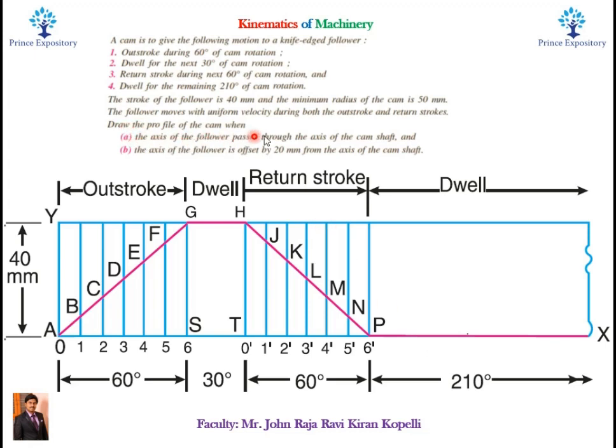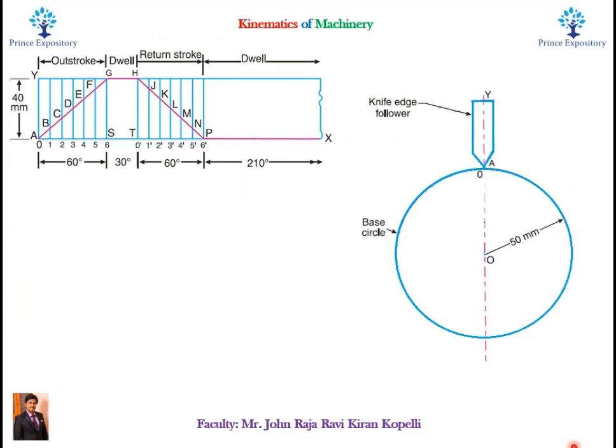Draw the profile of the cam when the axis of the follower passes through the axis of the camshaft. Now, observe very carefully. The first and foremost thing is we require this displacement diagram for drawing the cam profile. And the second thing, given in the question, the base circle radius of the cam is 50 mm. Then the first step is to draw the circle of radius 50 mm and name it as base circle.